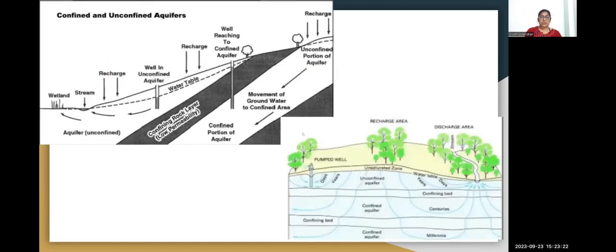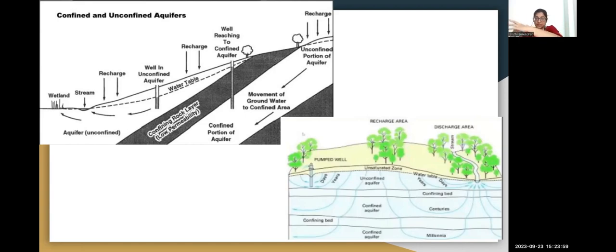Okay. So, unconfined aquifers are the aquifers that are recharged from rainfall. They are not confined by any layers. Whatever rain is falling onto the ground surface, the infiltration will occur and the water will travel down and reach the water table, which is nothing but the unconfined aquifer. Whereas confined aquifers are going to be unconfined at some point a very long distance away.